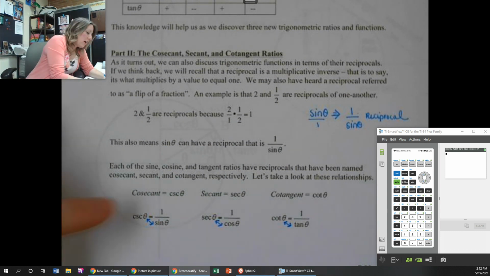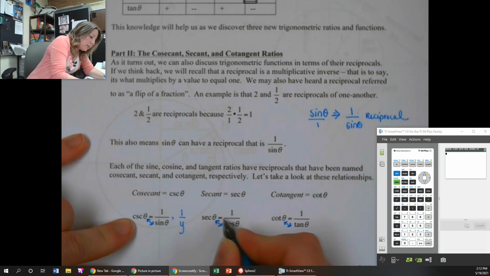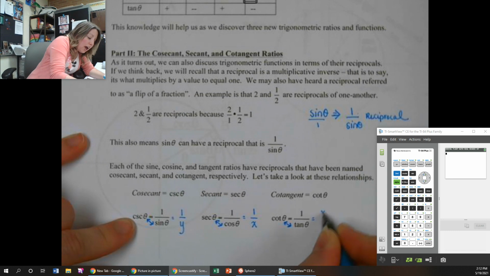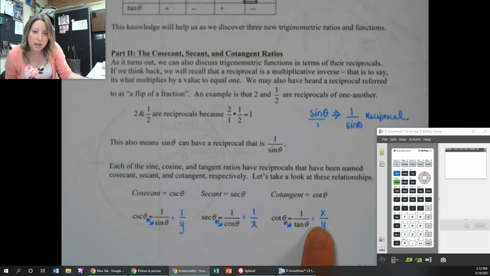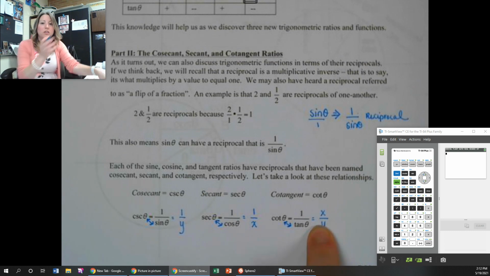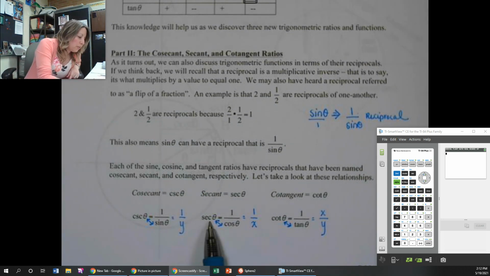So those are the partnerships you want to think of. That means that cosecant is actually 1 over y. That means secant is 1 over x. And that means cotangent is x over y, which means it has the opposite asymptotes that tangent has when you go to graph it. What's cool about these?